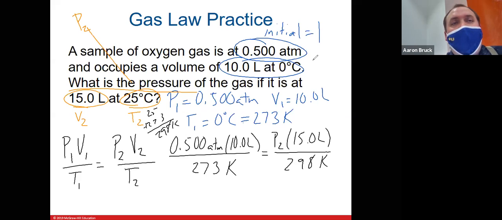Now I just need to do my algebra. And this is probably where these kinds of problems get the most difficult, is in dealing with the algebra, especially if that variable happens to be in the denominator of one of these fractions. Because we've got to get it out of the denominator before we can do anything else.